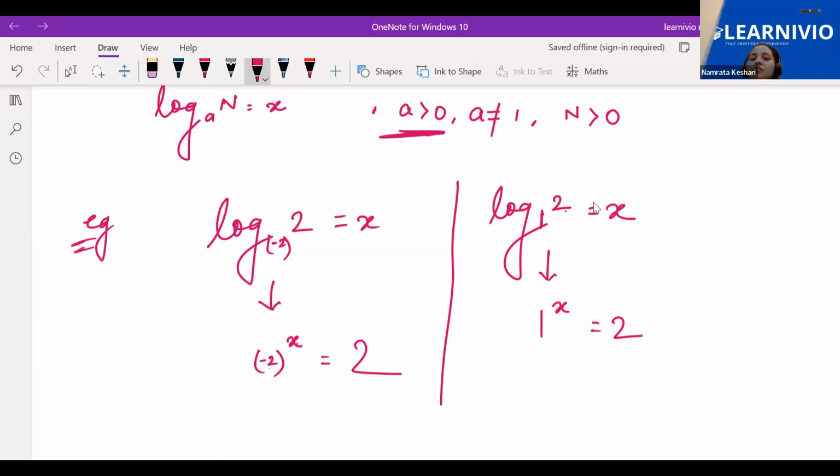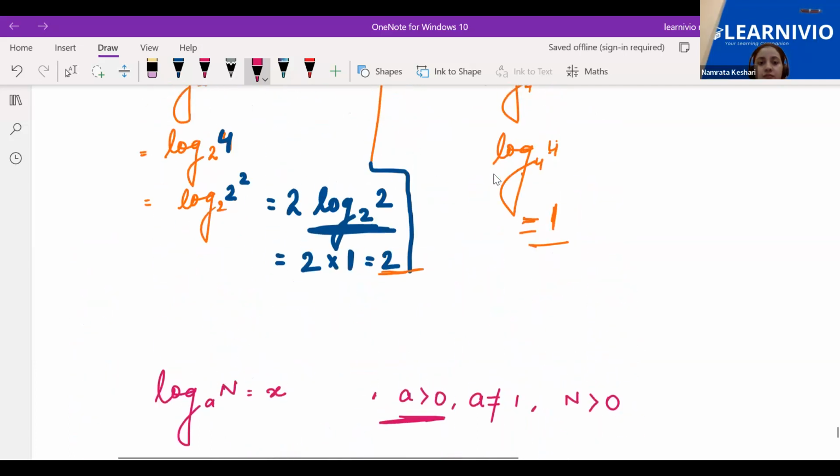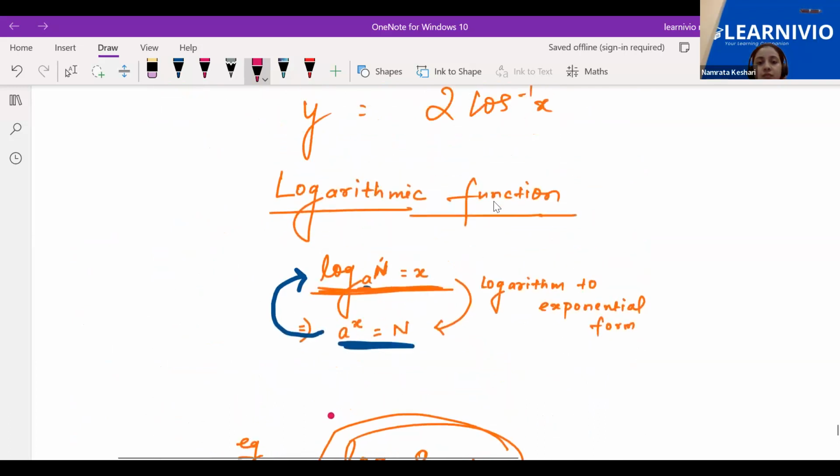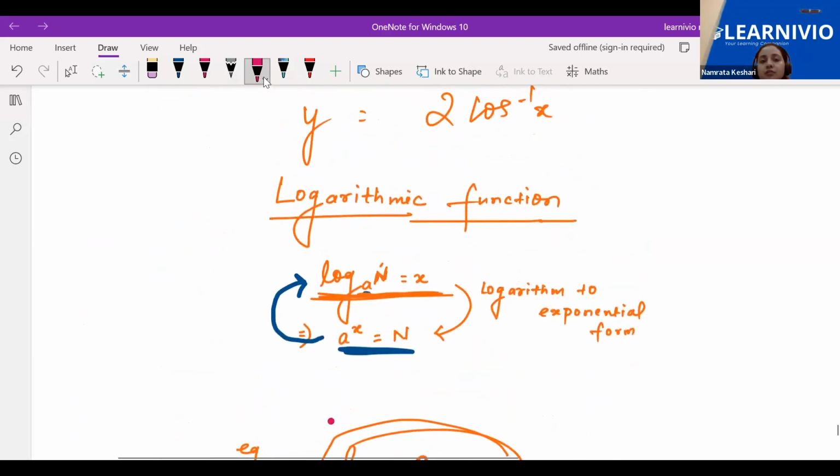Anything but not 1. And there is a foundation on n also, n has to be bigger than 0. Let me check any example which can be taken. Okay, even without an example, if I try explaining: log n base a is equal to x.